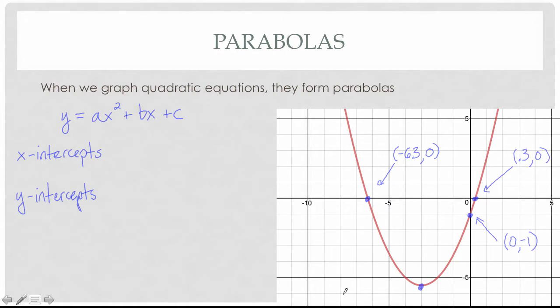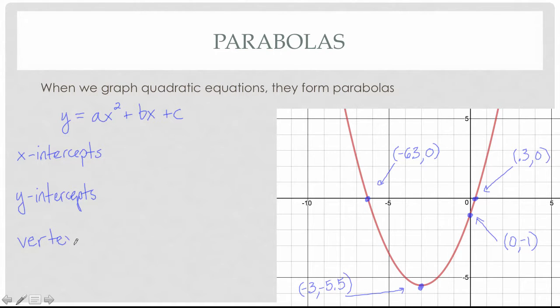It's either the very minimum, which in this case is where it goes down and stops and comes back up, or it's the very maximum. Sometimes parabolas can look like a mountain. It starts down, goes up, and then goes back down again. But we call that the vertex. The coordinates of that point here are going to be 1, 2, 3, negative 3, and then we go down negative 5.5 roughly. And that's what we call the vertex.